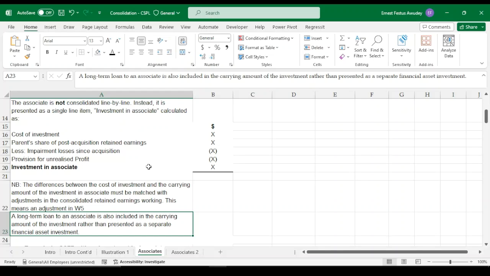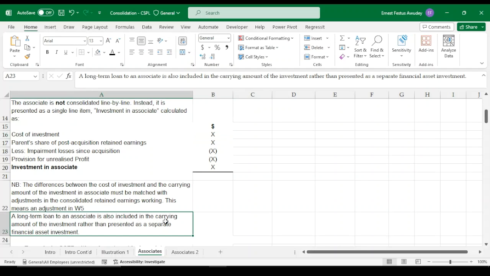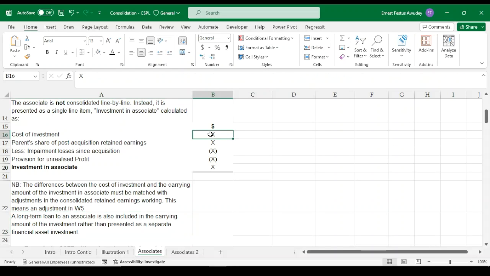an amount to an associate, this amount is included in the cost of investment rather than being presented as a financial asset or as a separate investment. All right. So this is also included within the cost of investment. All right.